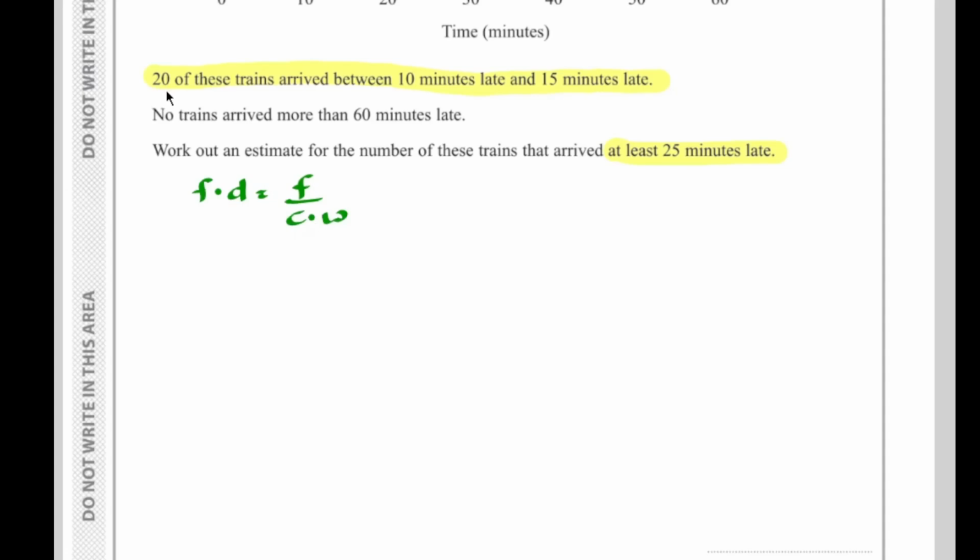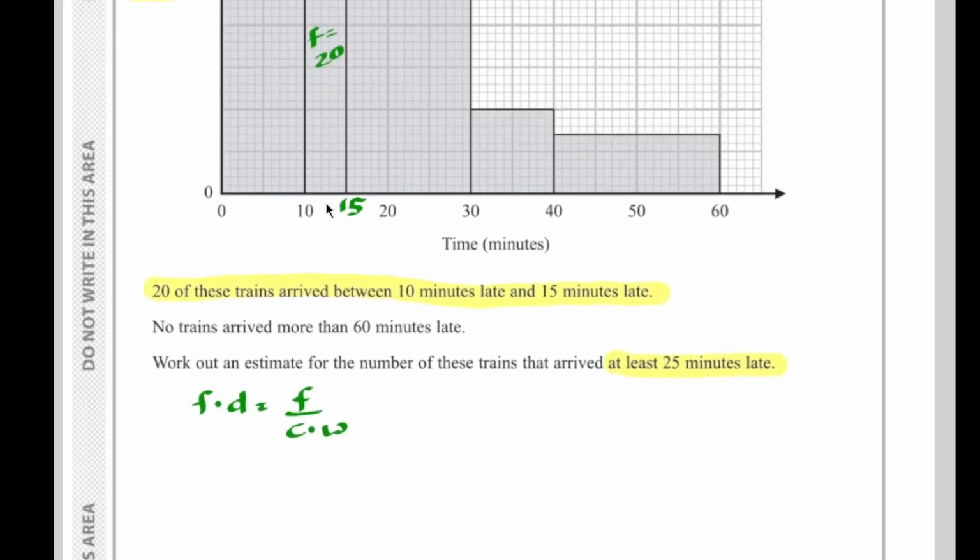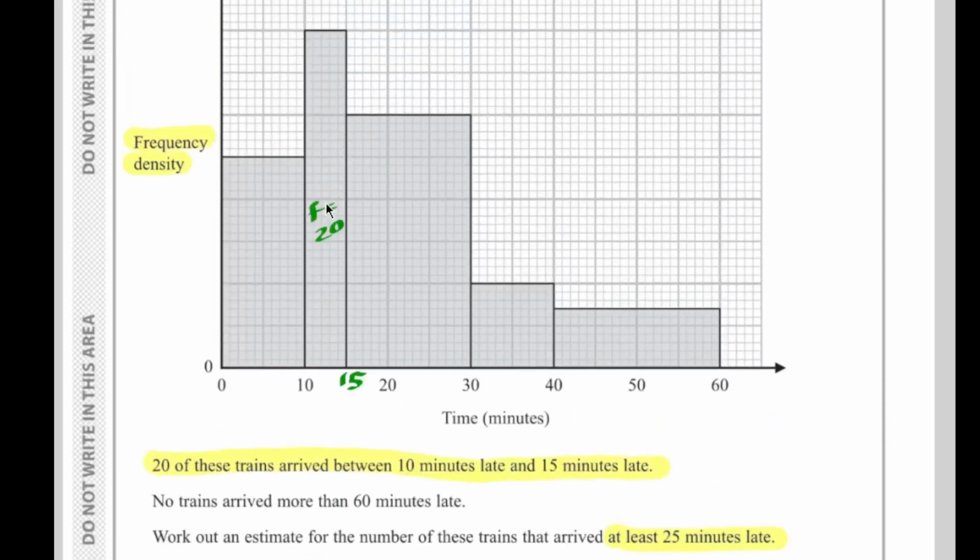So for this group, 20 of these trains arrived between 10 minutes late and 15 minutes late. So you have to identify the bar 10 minutes to 15 minutes. This is 10, this is 15. Then this is the particular bar, 10 to 15. So we've been given that the frequency of this bar is 20. Let's get the frequency density for this bar.